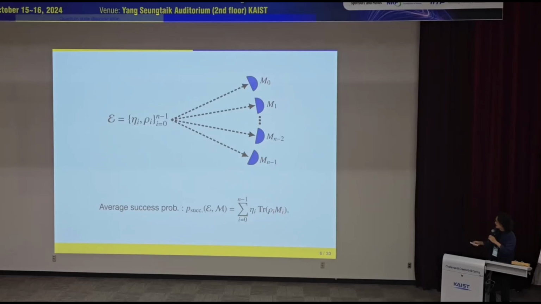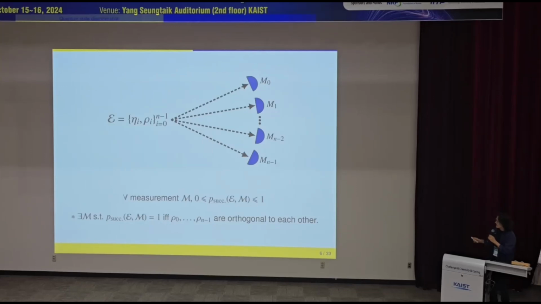And the average success probability, for this given ensemble epsilon, when we use this measurement M, is the expected probability that each rho_i is correctly guessed. And of course, the success probability is always between 0 and 1. We also know that perfect discrimination is possible if and only if all the states here are mutually orthogonal to each other.